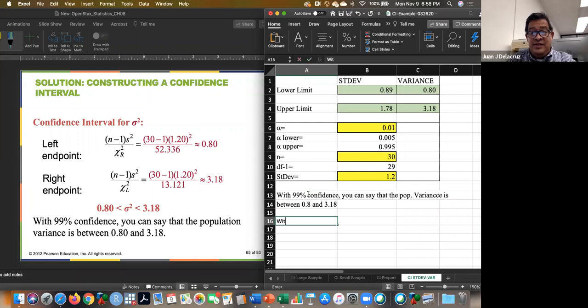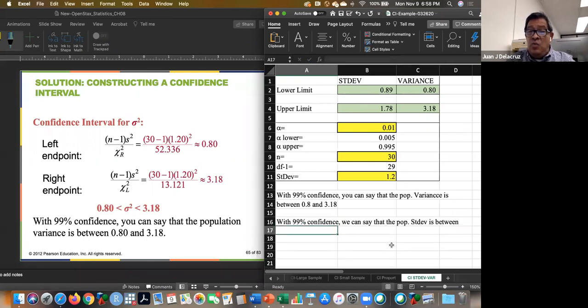So I also can say with 99% confidence, we can say that the population standard deviation is between 0.89 and 1.78, right? So that's basically what we did.